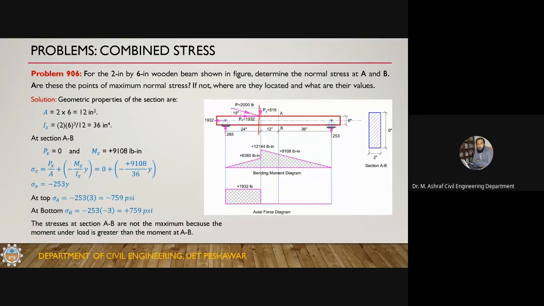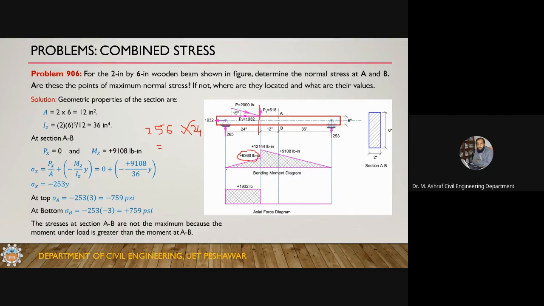This force is not causing any moment at this location, but this force is causing a moment of 256 into 24. So 256 into 24 will result in 6360.